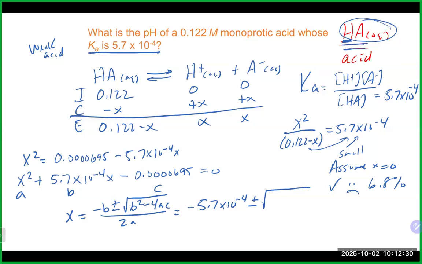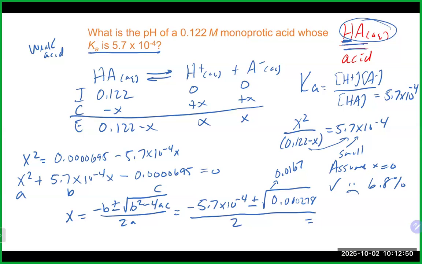That looks like inside the square root, 0.000278. You then square root it, and maybe you get 0.0167, all divided by 2a, which is 2 in this case.